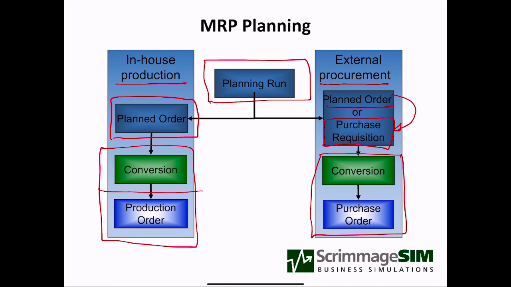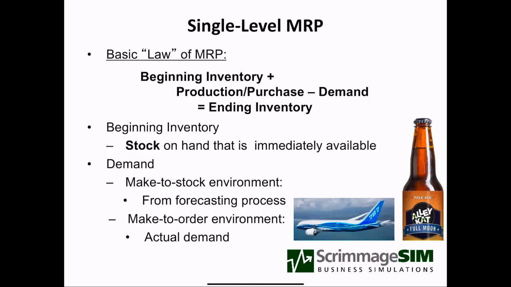So every time a planning run is executed, if there's a negative inventory balance, planned orders or purchase requisitions are created. MRP systems implement the basic law of MRP, the basic equation, which is that beginning inventory, what we have on hand, plus whatever we produce or purchase, depending on whether it's something we make internally or something we purchase.